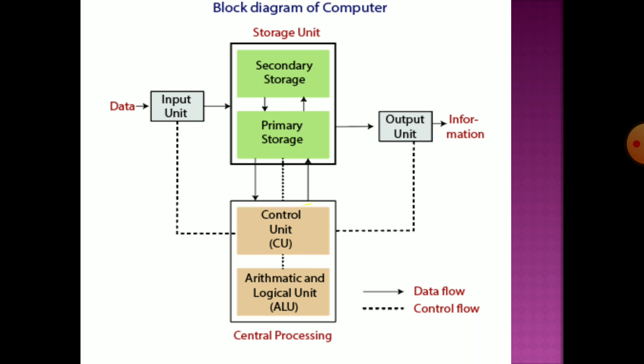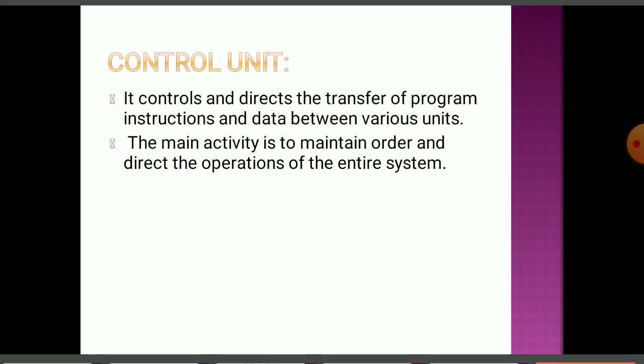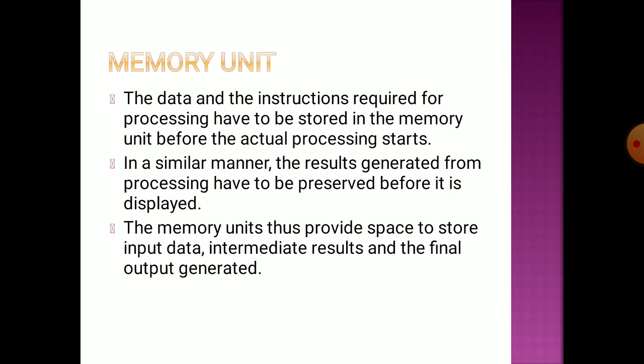If the CPU is performing any work, the data should wait here in your storage. Once your result is done, you can send it directly to your output device. But if the output devices are busy displaying some other data, then it should wait here in your storage unit. For that reason, there is a connection between storage and input, storage and output, and CPU and output. Understand? So whenever we want to store data or information, we use the help of the memory unit.